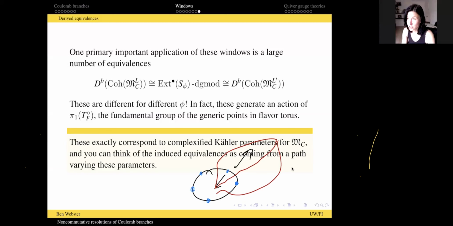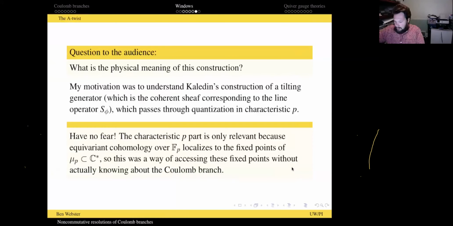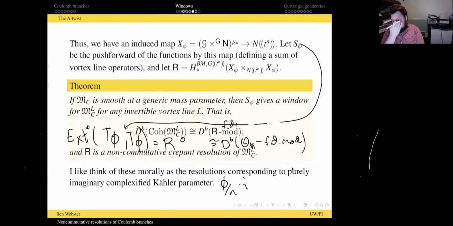The story that you told us, does this hold in generality of Leisner's work? In other words, when the Coulomb branch is a GIT quotient itself, or is it more general than that? So I would say it's actually less general. There's one tricky point, which is I wanted you to have smooth Coulomb branch at generic mass parameter. And that's actually a pretty restrictive assumption.